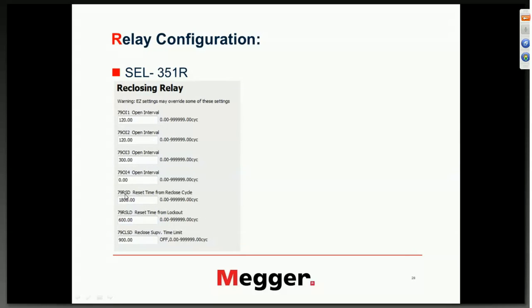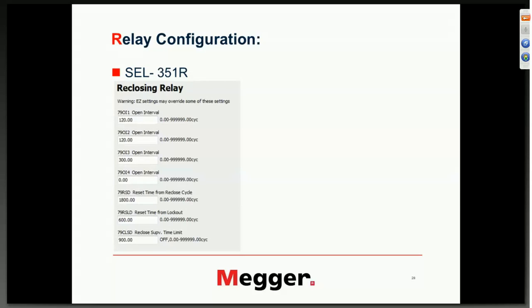So the 79 RSD means reset time from reclose. I'm going through the shots one by one, and right now my recloser has issued 2 shots already. After the second shot, suddenly the semi-permanent fault in the system cleared. So the system is coming back to normal. I don't need to go for a trip.